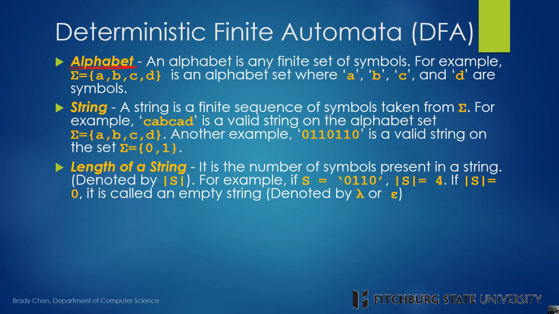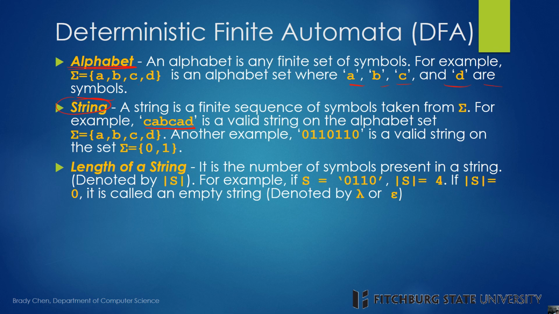In this case, sigma is A, B, C, and D. So these A, B, C, and D are symbols. Now the string could be, if the symbols are A, B, C, and D, C, A, B, C, A, D. Any combination of these symbols is a valid string on the alphabet set.